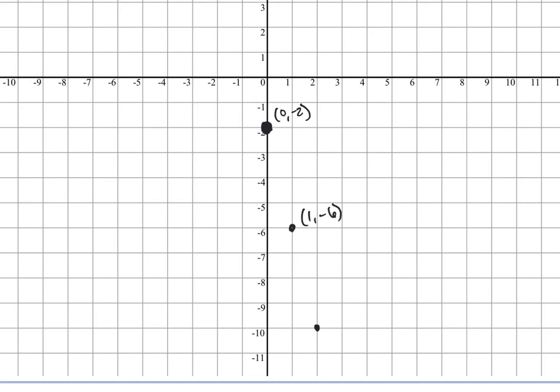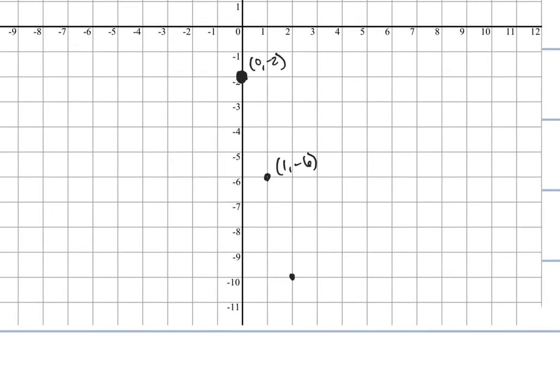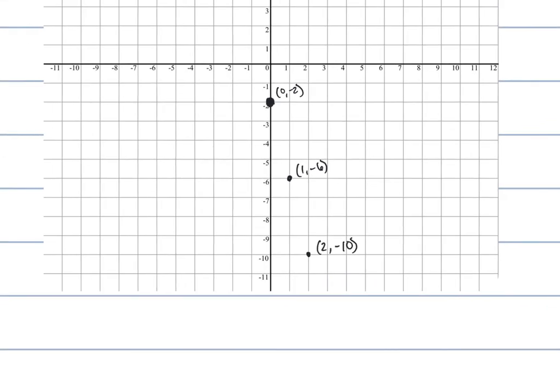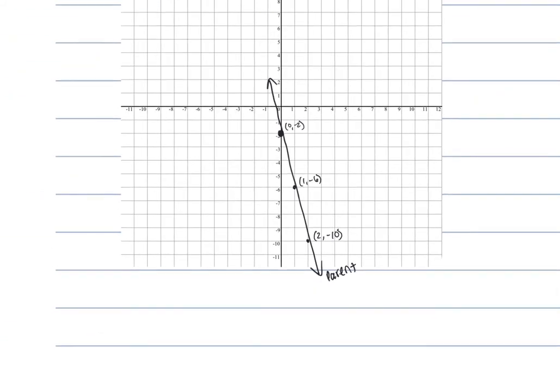And the last one? Grayson? 2, -10. Excellent. Okay. So then go ahead and draw a line through those points. Label it your parent. And then we're going to transform it after that. Okay.